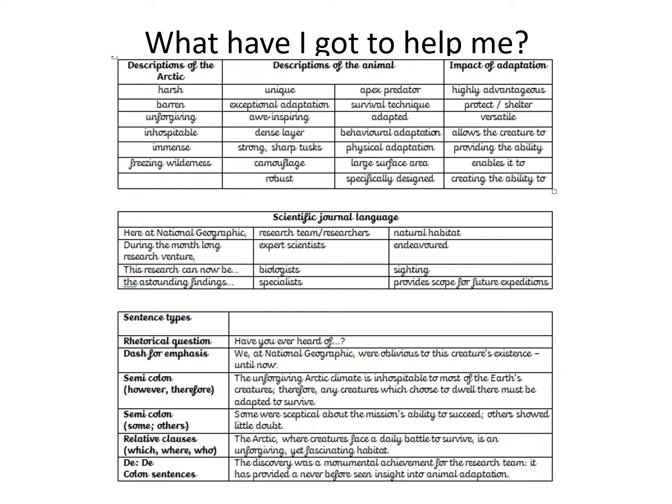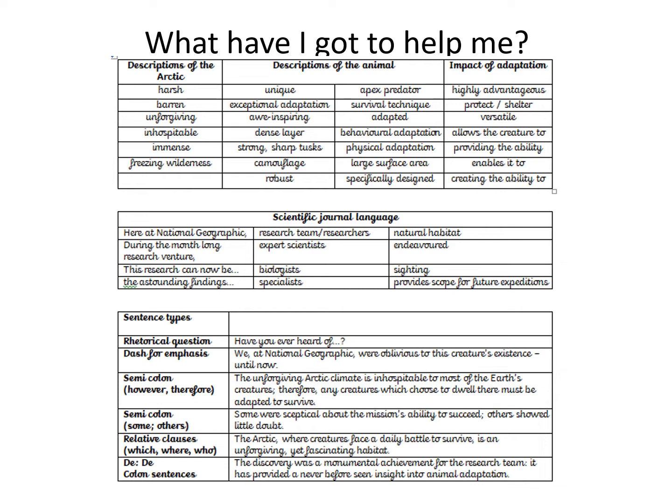In the second box, we've got some scientific journal language, so things that we'd expect to hear in a semi-formal article. And then at the bottom, we've got our usual sentence types and a few examples of how we can use those different sentence types. So we've got rhetorical questions, we've got some dashes for emphasis, we've got a semicolon, and the example I've used there is as a semicolon, therefore.